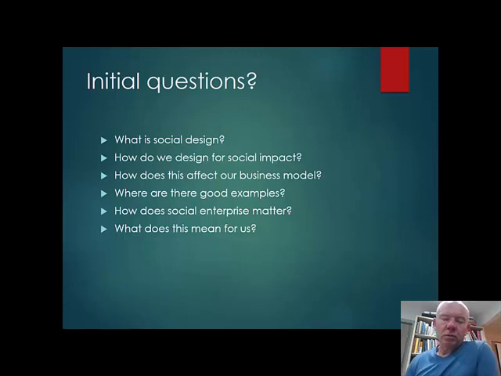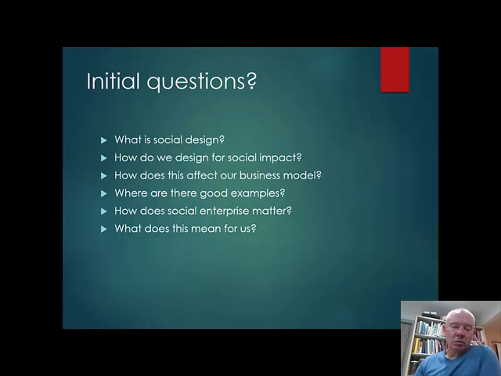The other important term, which actually comes up in relation to your business model as well, because we like to measure the things that we're trying to achieve, is that we design for social impact. The term social impact means what are the measurable outcomes that we want to achieve with our project or our initiative.